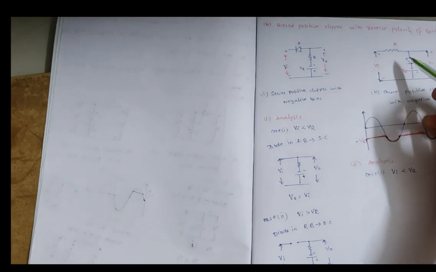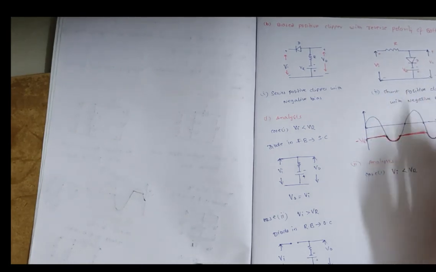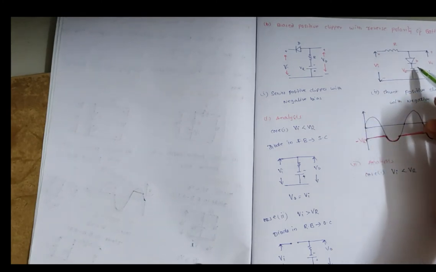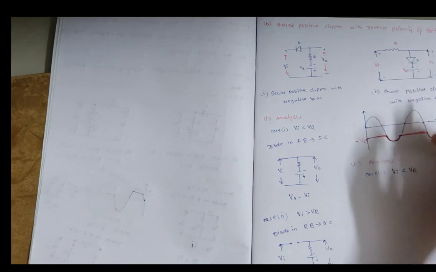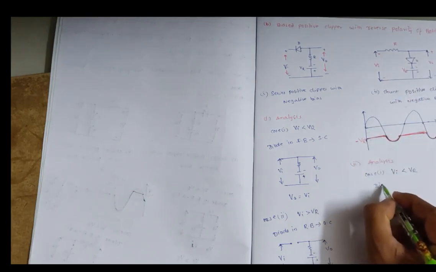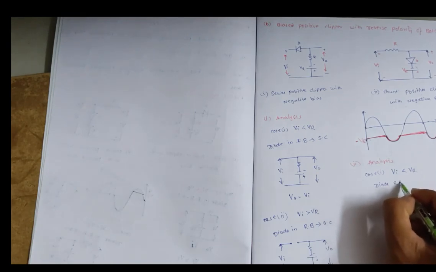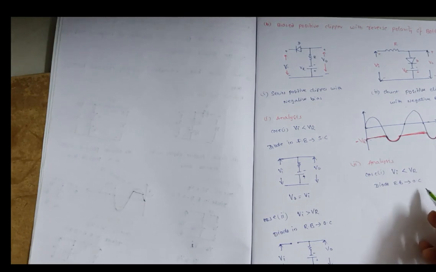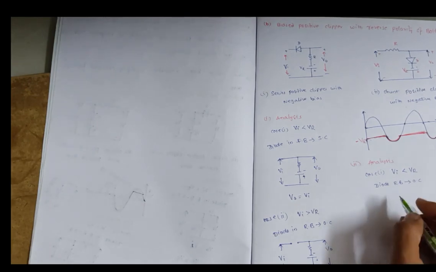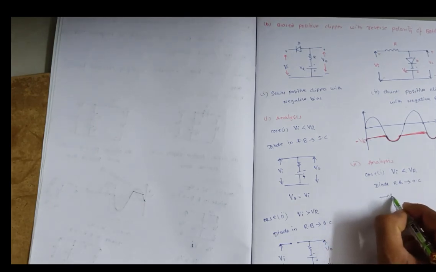Vi is connected to the anode terminal of the diode, and VR is connected to the cathode terminal of the diode. Now the cathode potential is more compared to the anode, so the diode becomes reverse bias and acts as open circuited. So we can draw the equivalent circuit like this.